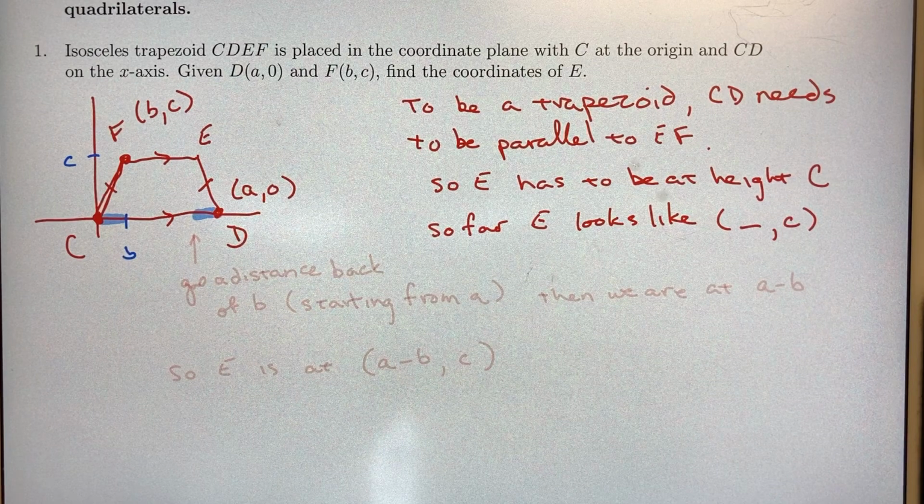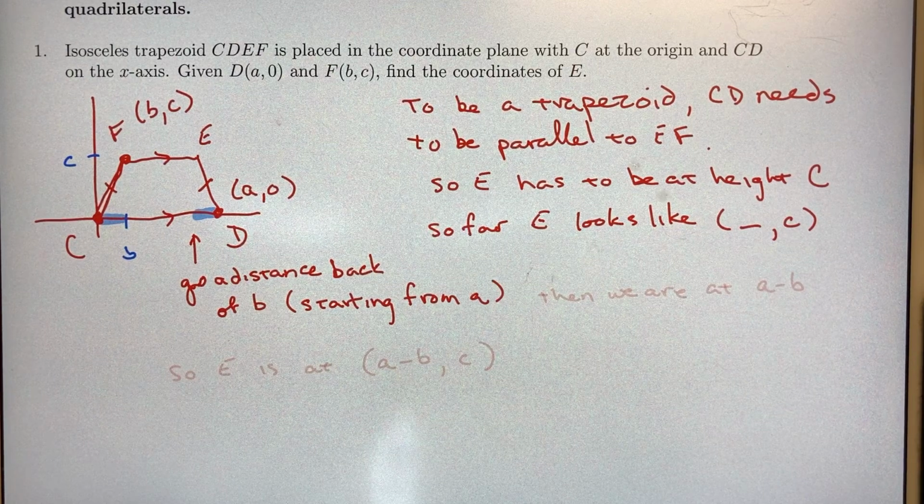So if we're going to the right B, we need to back up B. Okay, so if we start at A, how do we do a distance back?